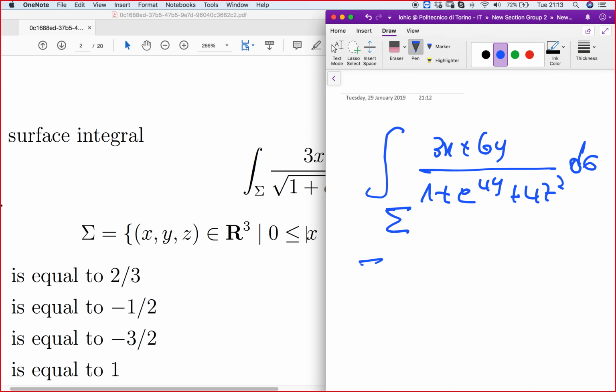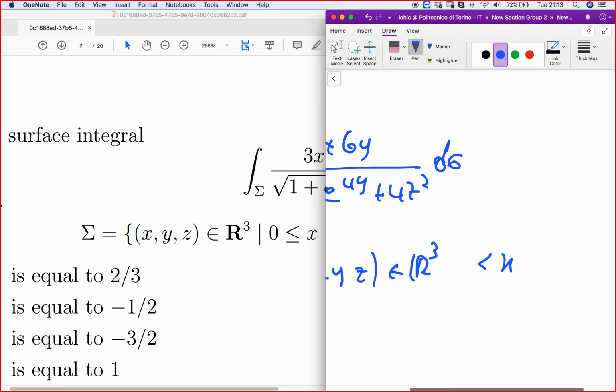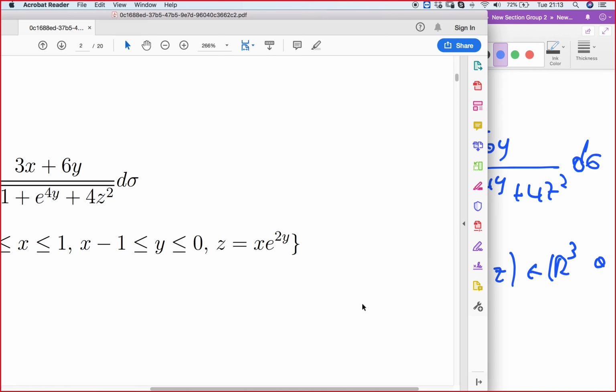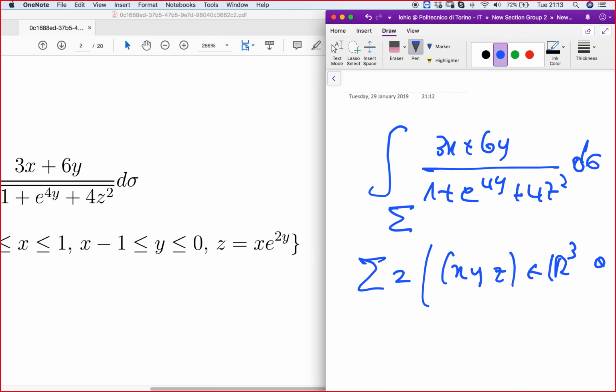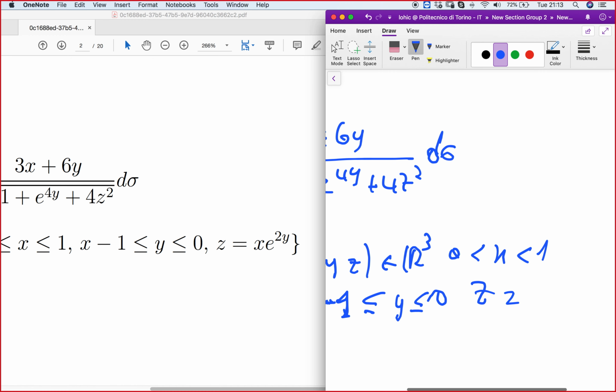What are the data of the surface? The surface sigma is given by (x, y, z) belonging to R^3, such that x is between 0 and 1, then x minus 1 is smaller than y, smaller or equal to 0, and z equal to x e^{2y}.